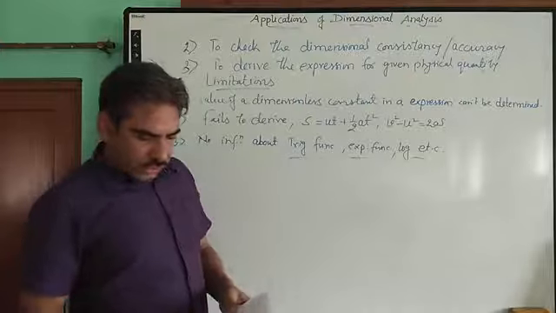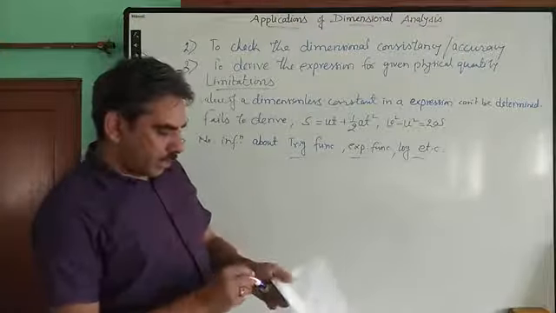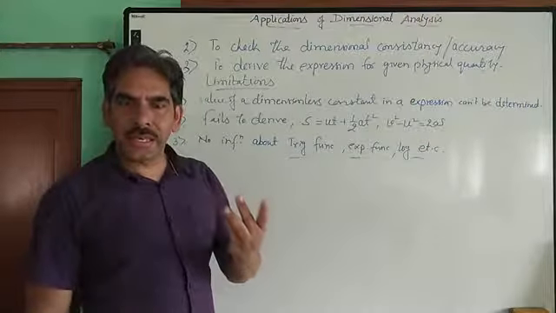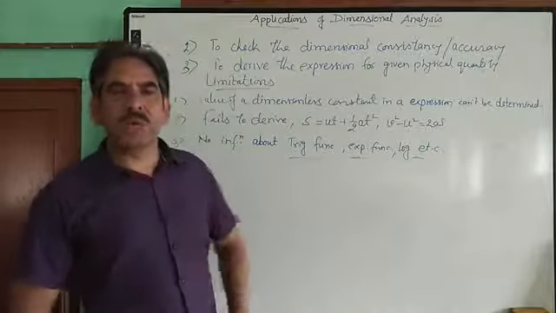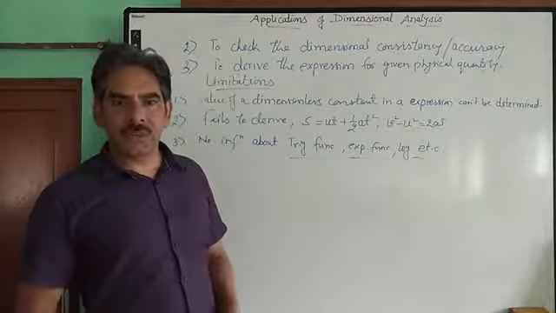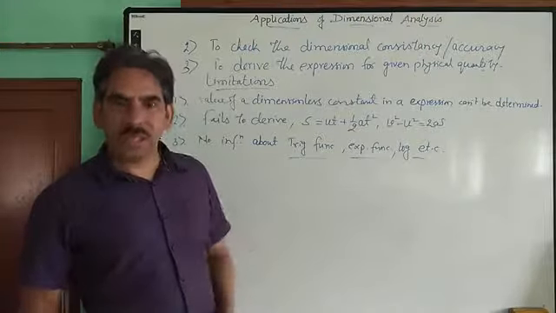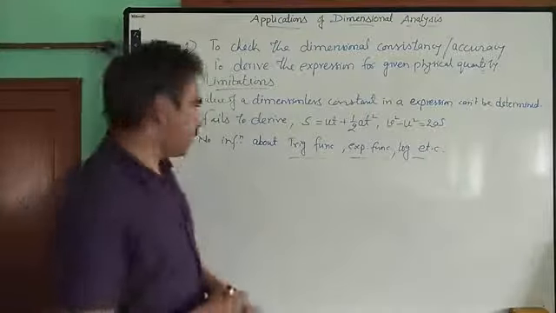It also fails to derive the relationship involving more than these. Till now we have discussed that the dimensions involved in a physical quantity are three: m, the mass, length L, and time t. So if there is a physical quantity which has more than these fundamental physical quantities involved in that expression, then the method of dimensions cannot be used, and that is the shortcoming of dimensional analysis.